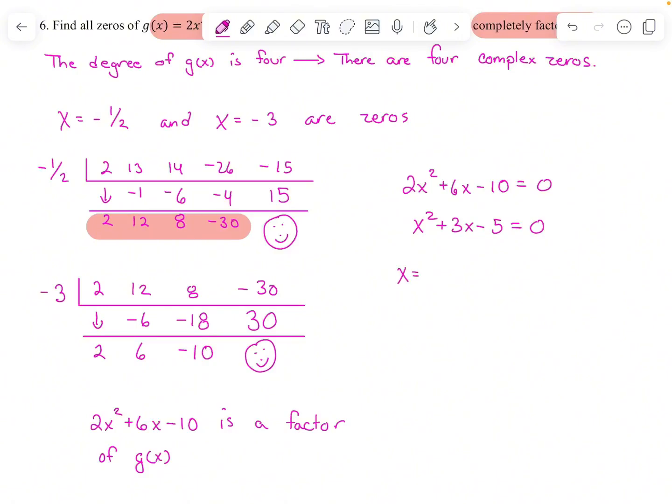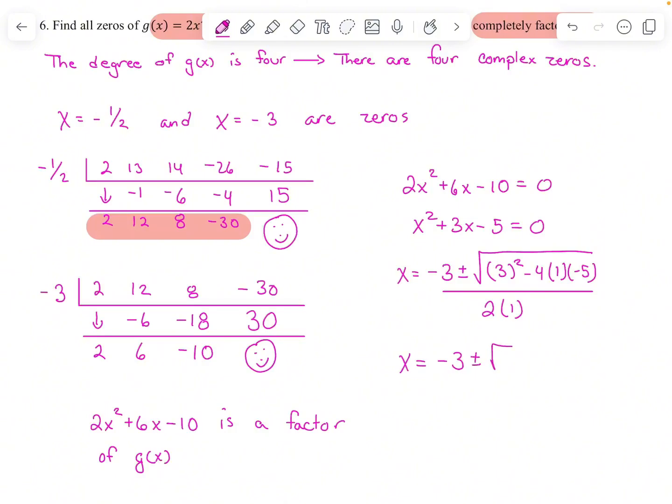So we have x is equal to -3 plus or minus the square root of 3 squared minus 4 times 1 times -5, all divided by 2 times 1. After performing all the arithmetic, you're going to have -3 plus or minus the square root of 29 divided by 2.